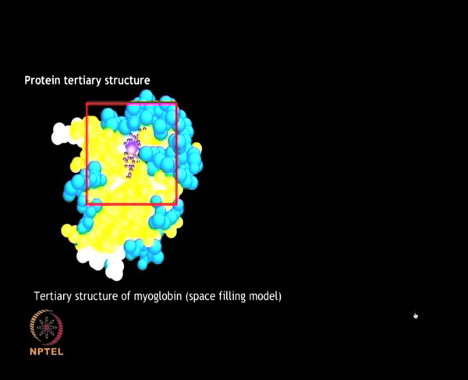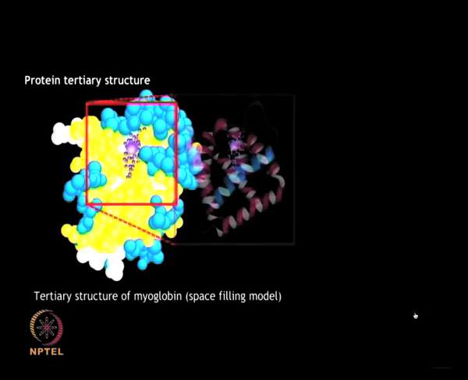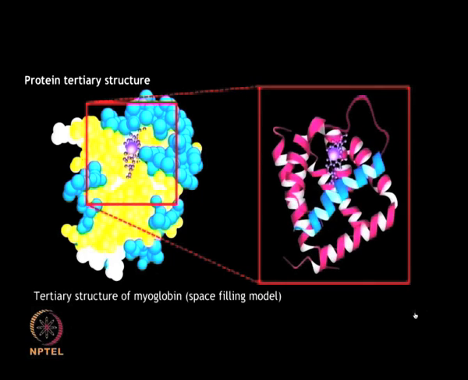About 70% of the main chain of myoglobin is folded into alpha helices, with the rest present in the form of turns and loops, which are essential to provide it a compact structure.